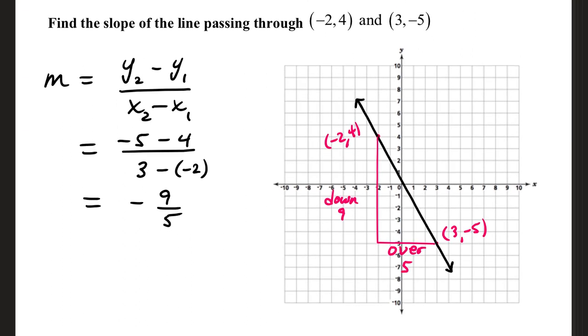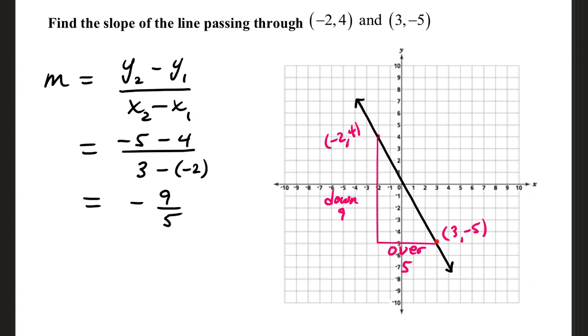Find the slope of the line passing through the points (-2, 4) and (3, -5). First, let's go ahead and plot these points. (-2, 4), starting at the origin, we go left 2, up 4, plot that point. (3, -5), starting at the origin, we go right 3, down 5.